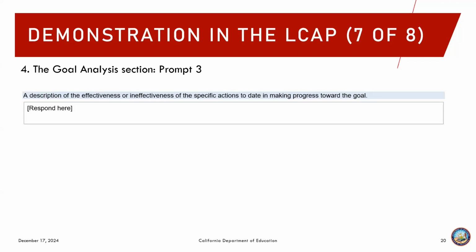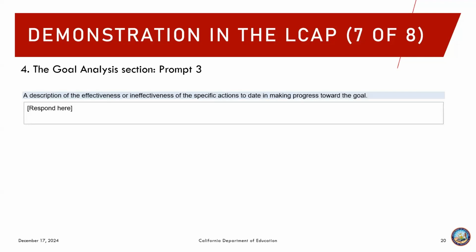It's also possible to identify that an action is currently showing as ineffective. Remember, that's okay at this point in time. We don't determine that we have to change actions until the end of the 3-year cycle, once we've been implementing those actions for 3 years.